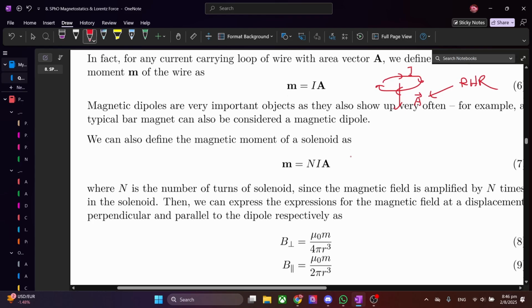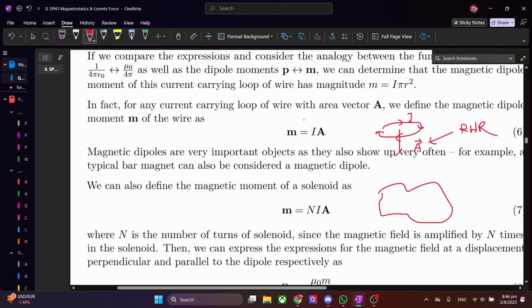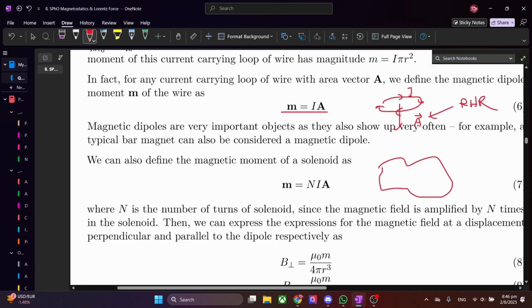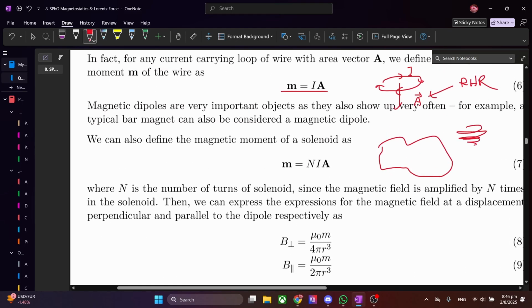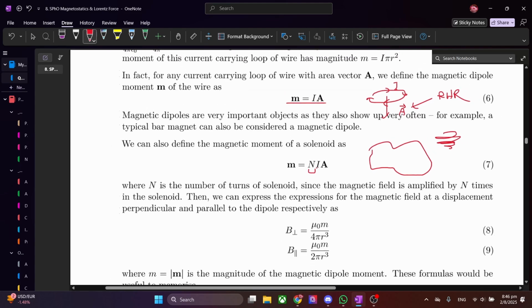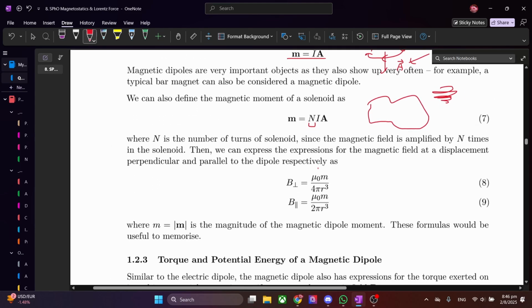And in general, if you have some arbitrary loop, you can also define the magnetic moment similarly. And for a solenoid where you have multiple loops, you just multiply by this n, the number of turns of the solenoid. So basically that's the notion of a magnetic dipole.